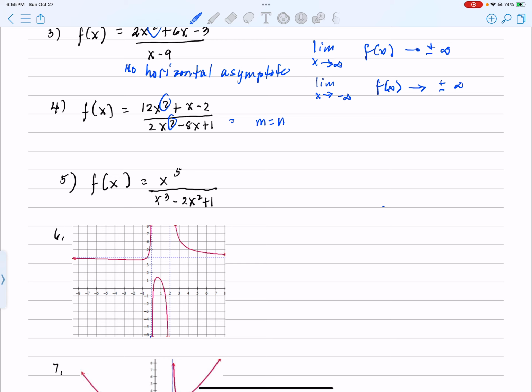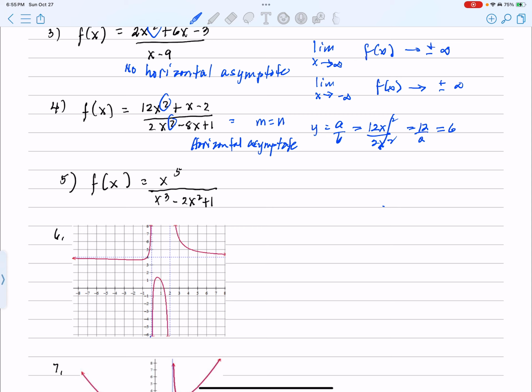The horizontal asymptote would be equal to a over b. We call that the coefficient of the numerator and the coefficient of the denominator. So when we look at the first term, 12x squared over 2x squared, we cancel out. We have 12 over 2, which equals 6.